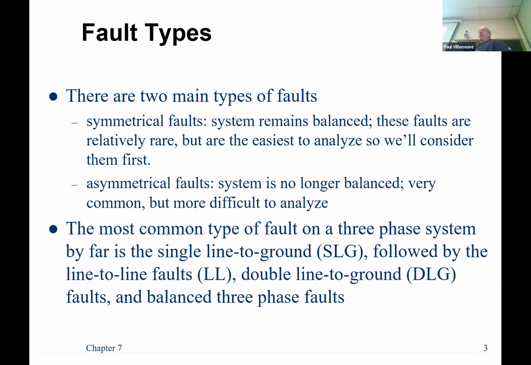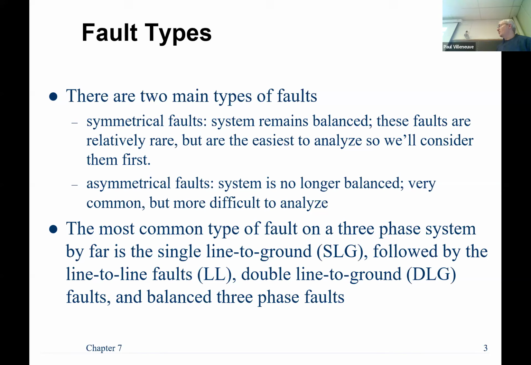We can no longer do that because in an unbalanced system, our neutral voltages don't necessarily need to be at 0 volts. So they're much more difficult to analyze. But just like in any engineering discipline where you have differential equations for circuits, there's a similar process where we introduce another domain, if you will, where we can make things easier and make the system symmetrical, essentially.